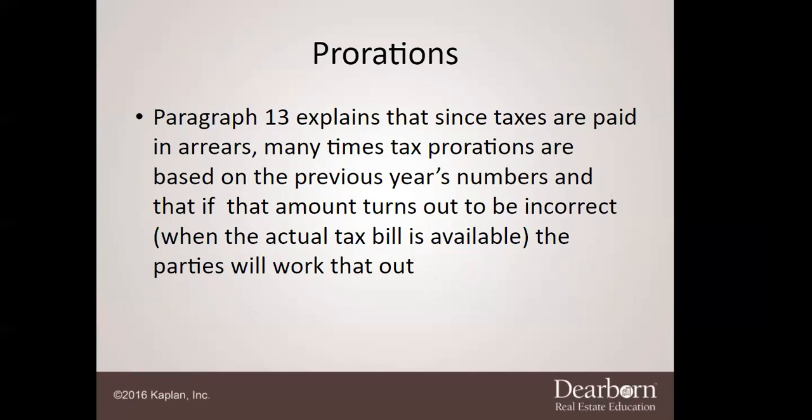So you get the benefit for the year, and then you pay for it after that year. Okay, that's arrears. So since taxes are paid in arrears, many times tax prorations are based on the previous year's numbers, and if that amount turns out to be incorrect when the actual tax bill is available, the parties will work that out. Now, this is where it kind of gets very confusing.